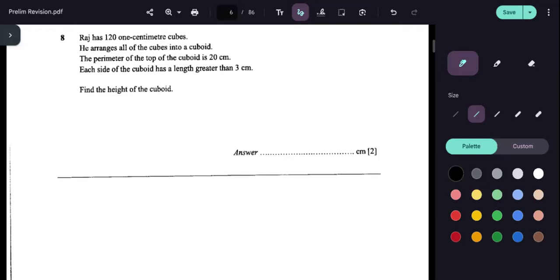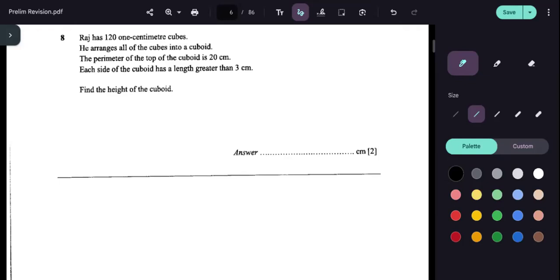So it says here, Raj has 121 centimeter cubes. He arranges all of the cubes into a cuboid. The perimeter of the top of the cuboid is 20 cm. Each side of the cuboid has a length greater than 3 cm. Find the height of the cuboid.